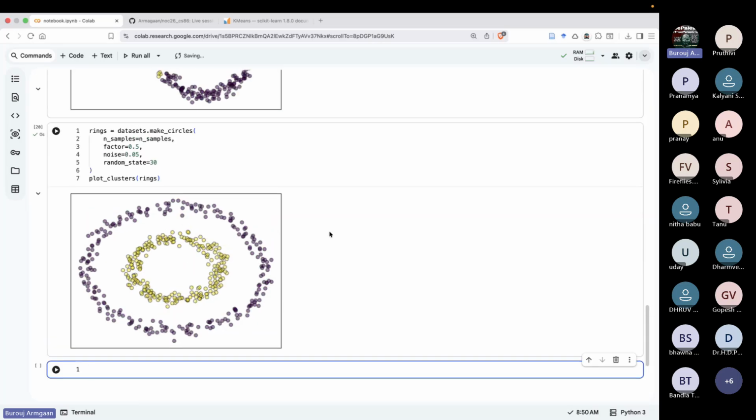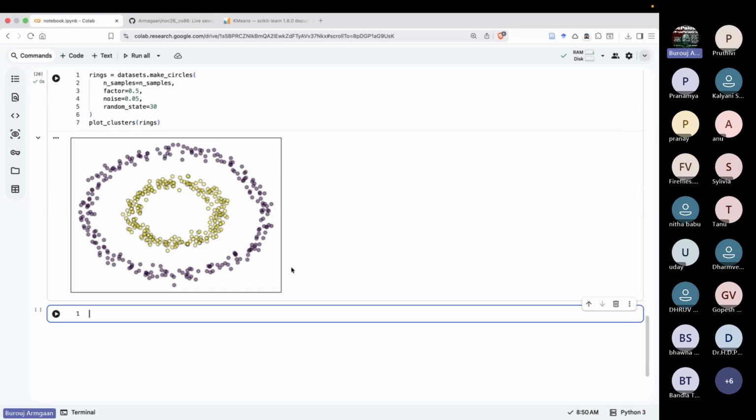So what do you think k-means will do in this case? Will k-means be able to find these two clusters? The purple cluster is the first cluster, and the yellow cluster is the other cluster. Give it some thought. Can k-means do it? And if it can do it, where should we initialize the centers? Will it always find it or not?